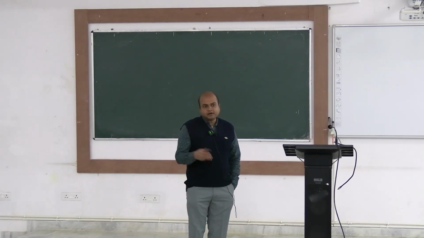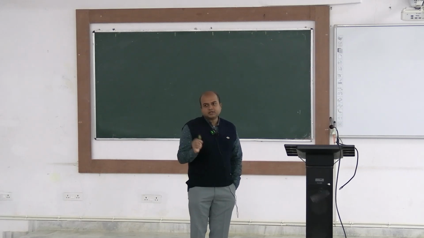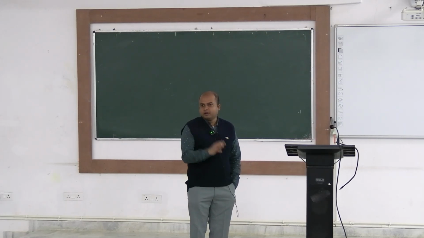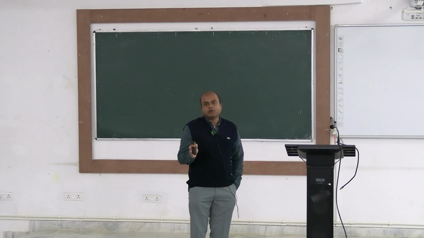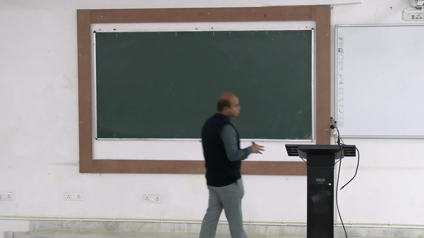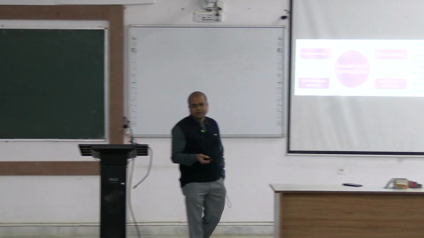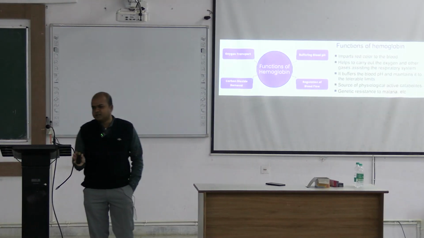Genetic resistance to malaria in sickle cell hemoglobin, sickle cell anemia, we will discuss in short today. That also should not be called a function. Those with sickle cells have genetic resistance to malaria, as Plasmodium falciparum cannot survive in those conditions, but calling it a function of hemoglobin is rather foolish.